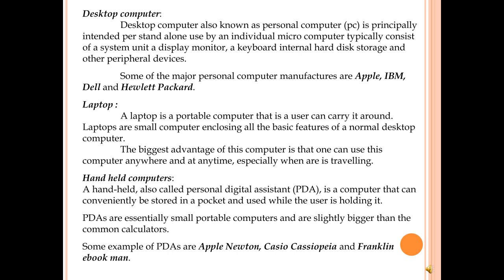A microcomputer typically consists of a system unit, a display monitor, a keyboard, internal hard disk storage, and other peripheral devices. Some of the major personal computer manufacturers are Apple, IBM, Dell, HP, and so on.